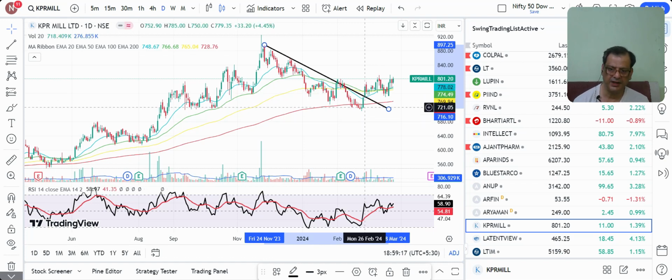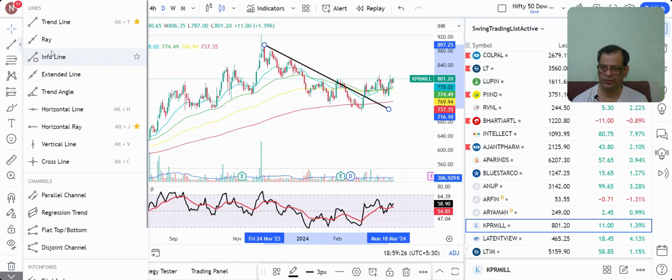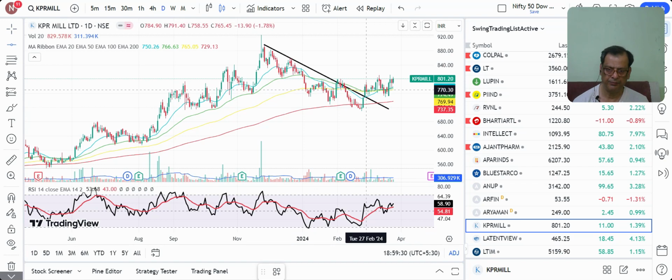You would basically keep a price and entry point of say something which would be above the 20 EMA.